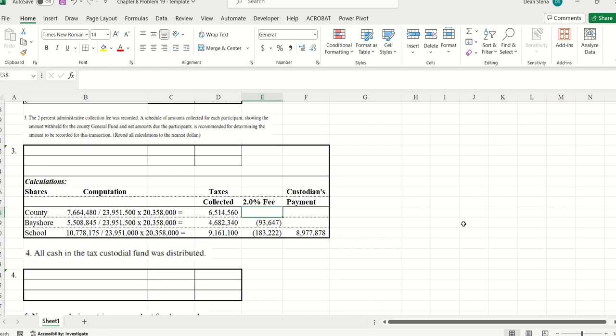So it's going to offset these two right here because that's what we're going to get here. So we're going to have a plus, we know it's going to be a positive. So 276,879.